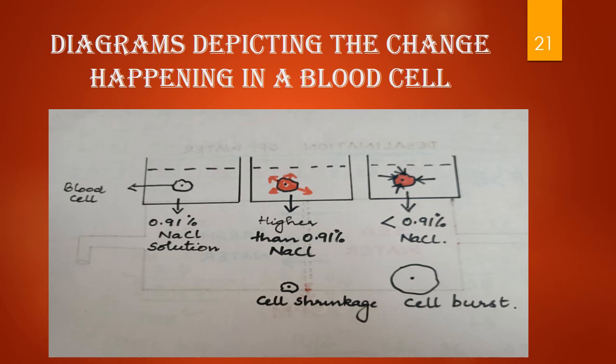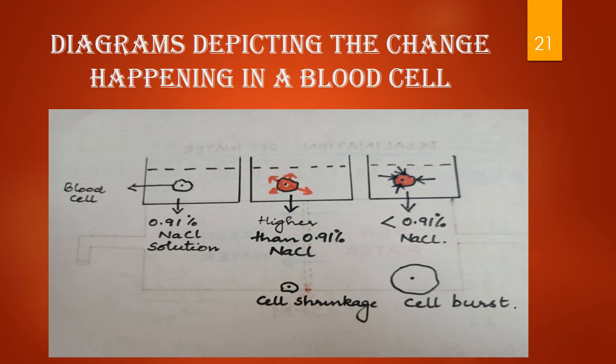But when we place the blood cell inside a hypertonic solution, that is having higher concentration than 0.91% sodium chloride, that is exerting high osmotic pressure. So with the result, water from inside the cell moves out, and the cell will shrink in size.